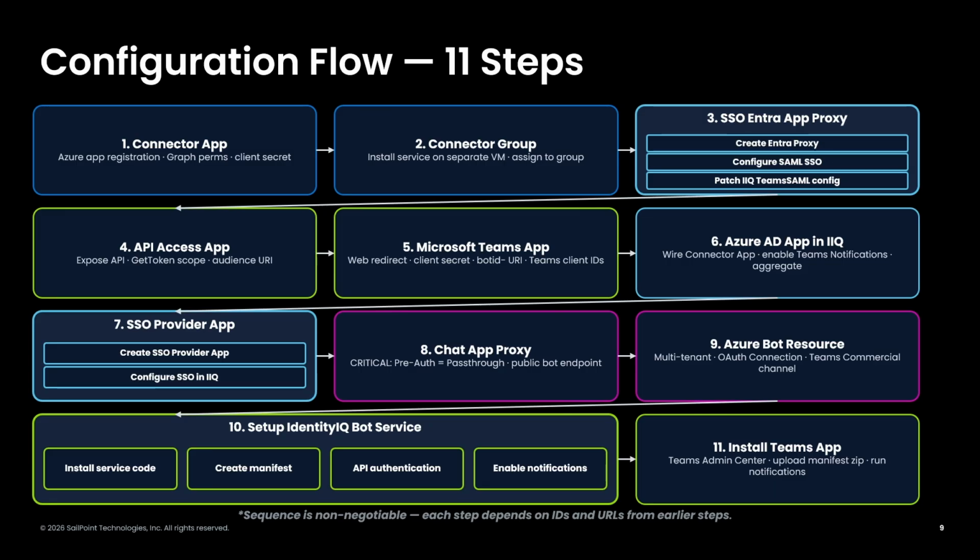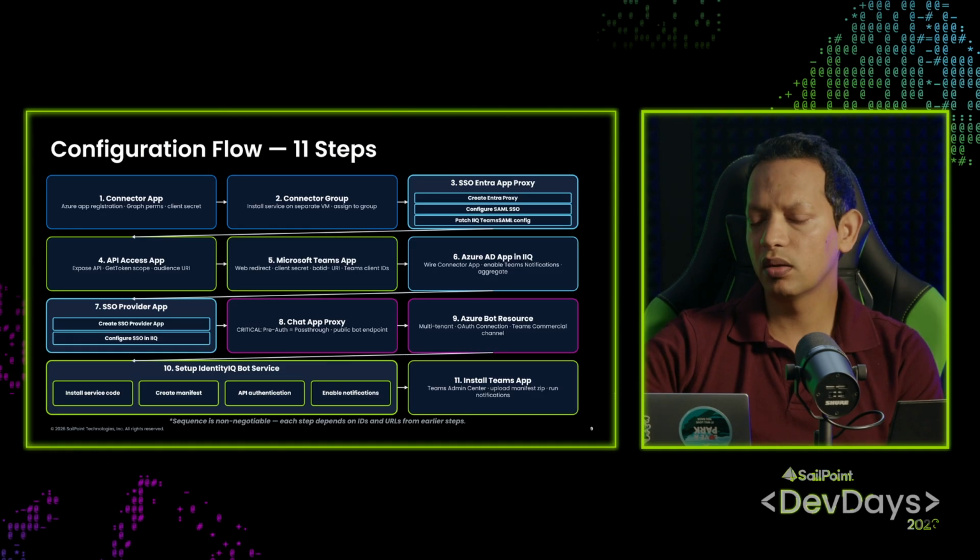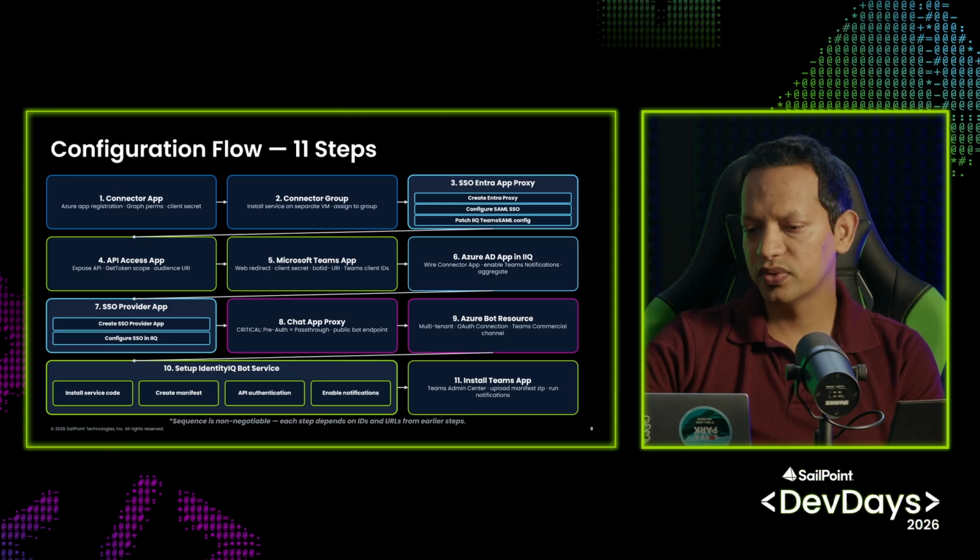The next one is the Microsoft Teams app that you create in Entra. The configuration you do in this application is heavily used across different configuration items within Entra and also within IIQ. So this is a very critical piece of the configuration. This configuration specifies the scope of the integration.